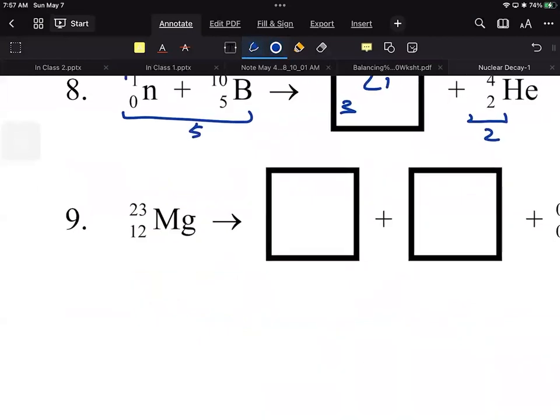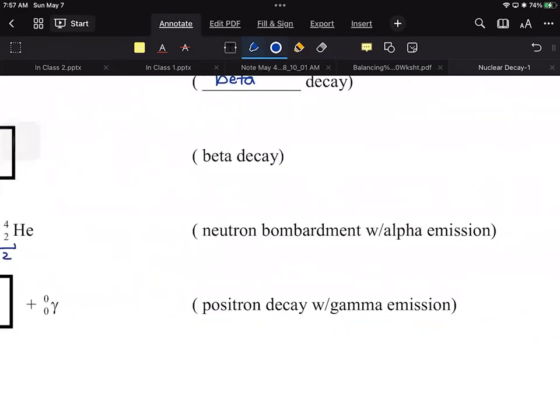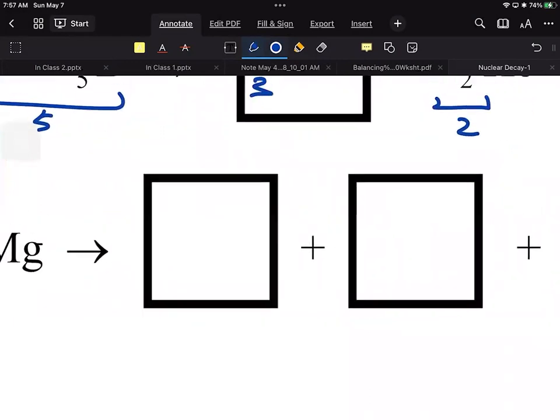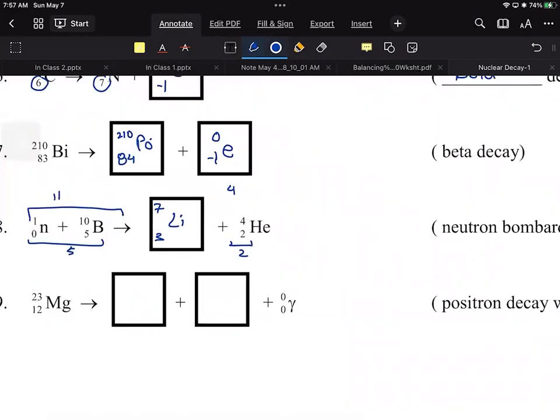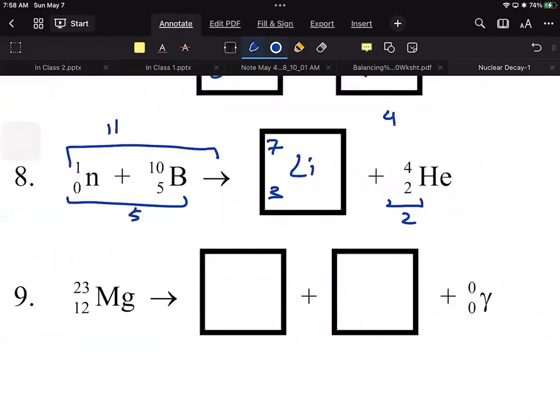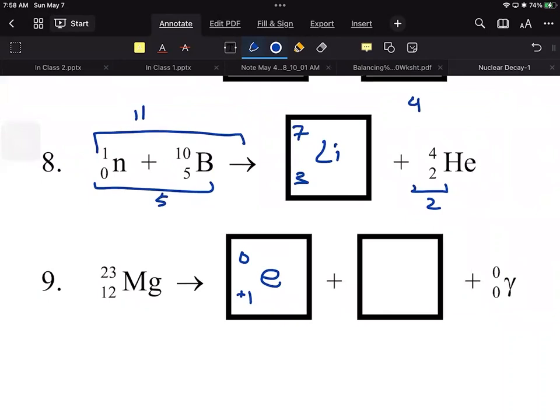Our next one, number 9. This is a positron decay with gamma emission. So positron is ejected, so +1. Now let's do the same thing we did earlier.